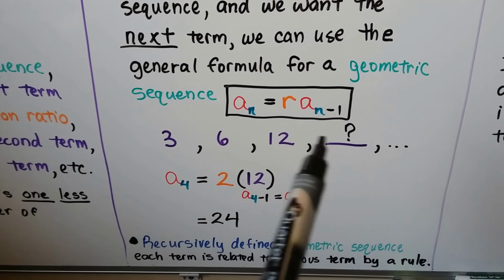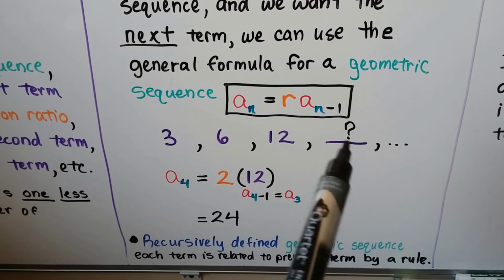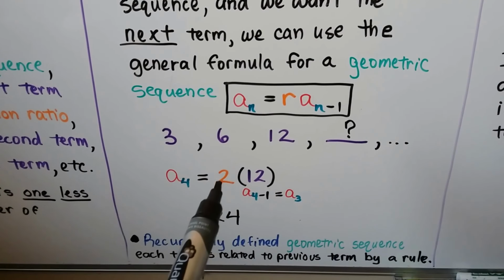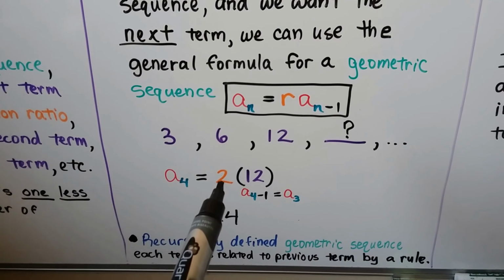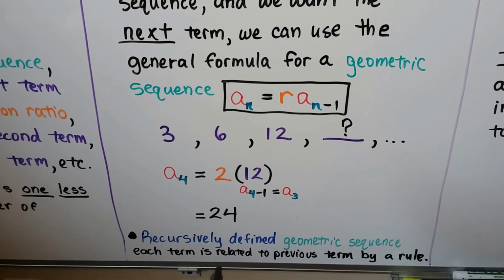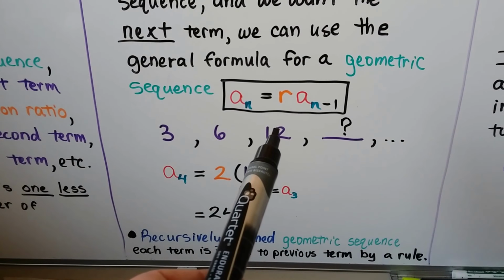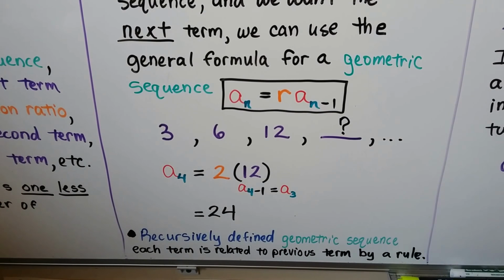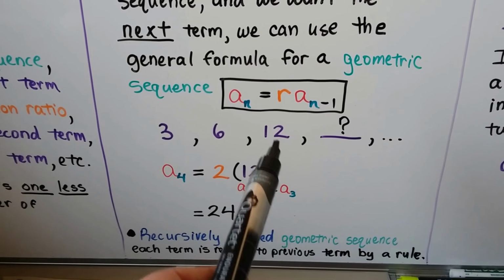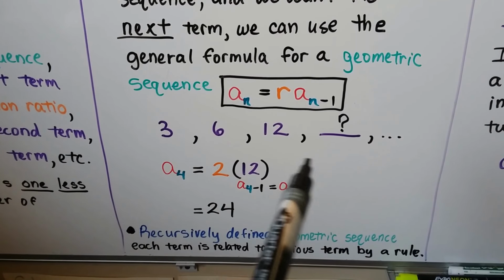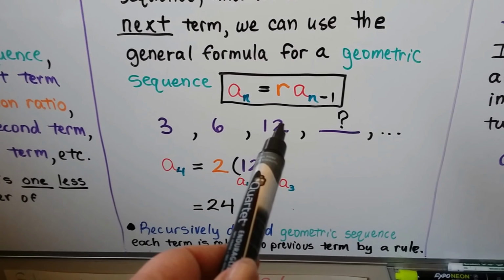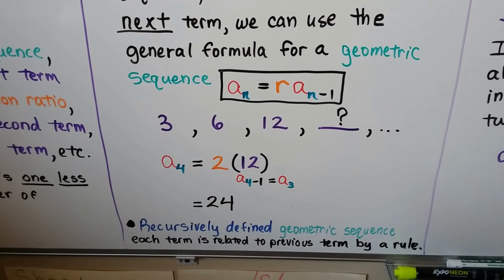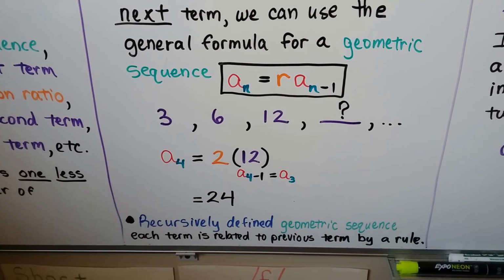So if we're trying to find a sub 4, and we're given the common ratio as a 2, then we can just multiply this one by 2. See? That's a sub 3. So if we're looking for a sub 4, we just do a sub 3 times the common ratio. It kind of makes sense, doesn't it?